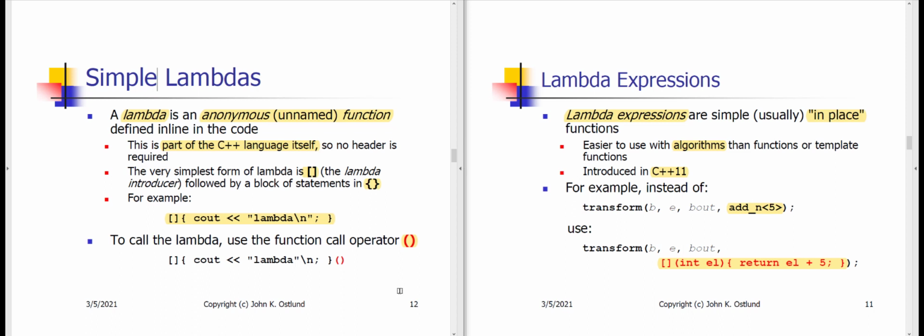All right, so here is where we defined our lambda, and then if we would like to call the lambda, we add parentheses at the end of the lambda, and that will cause lambda and a new line to appear on the screen. Now I just noticed a typo here. This double quote is in the wrong place, so that should obviously be after the \n.